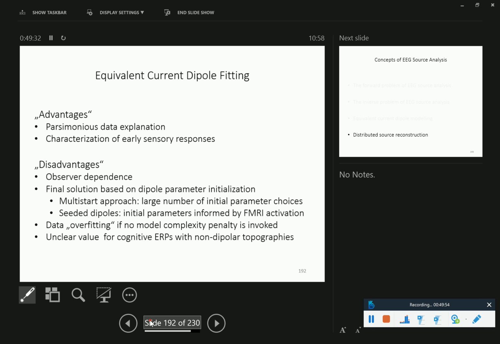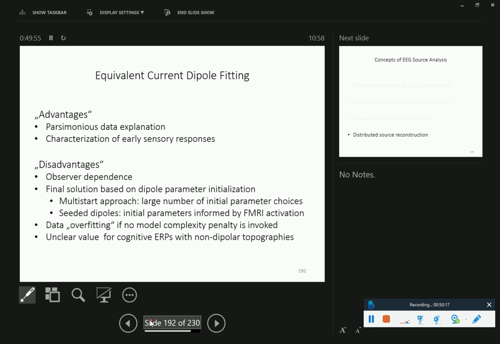And one of the problems with equivalent current dipoles is if you have non-dipolar topographies, where you cannot just by looking at it easily say, okay, I think that would be 3 dipoles, but you have an uncharacteristic topography, then dipoles usually don't work well.